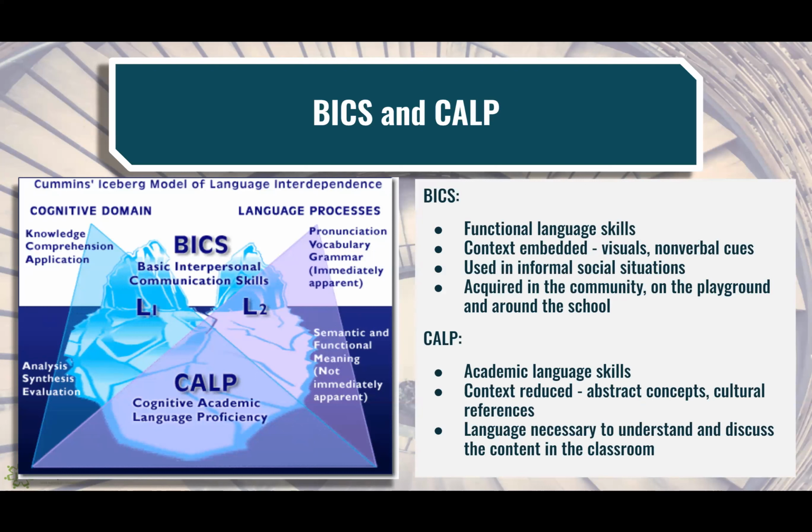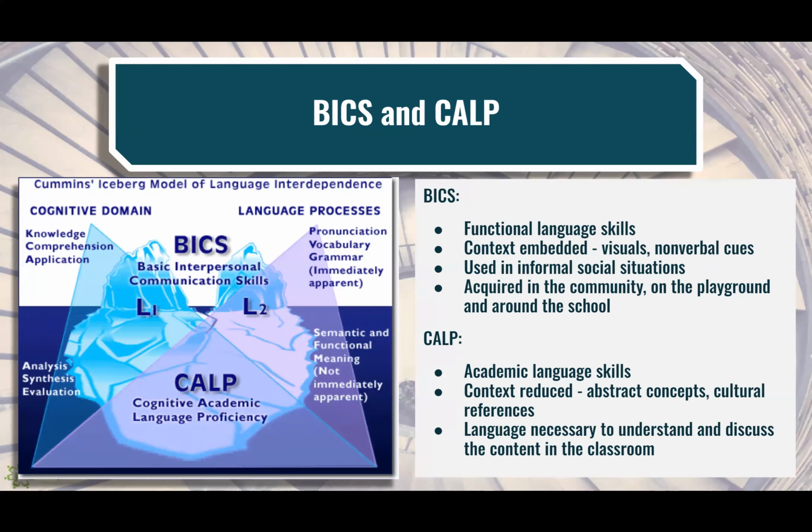And also, thinking along those lines with communicative competence and how that language develops over time, let's talk about Jim Cummins' iceberg model and BICS and CALP. BICS is basic interpersonal communication skills, and CALP is cognitive academic language proficiency.